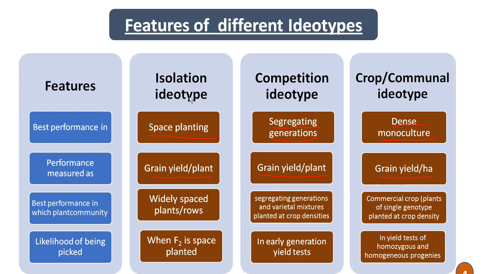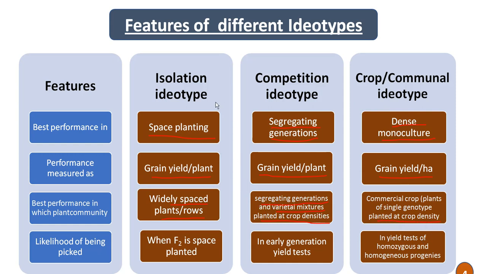And the best performance in which plant community? So isolation ideotype performs well in widely spaced plants or rows, while the competition ideotype performs best in a segregating generation and varietal mixture of plants at commercial crop densities. And crop or communal ideotype performs best in commercial crops or a single genotype plant at crop densities.